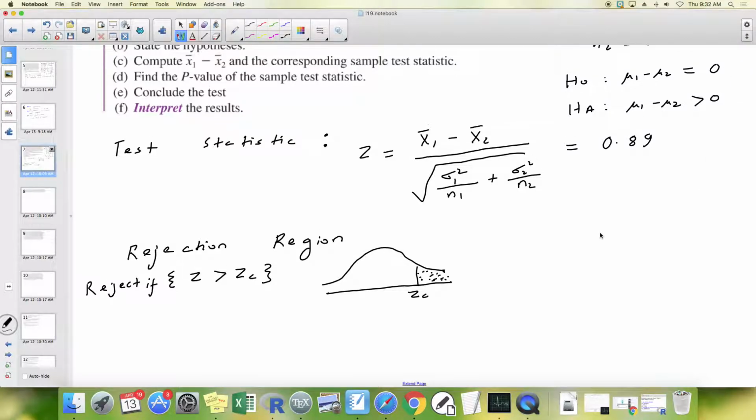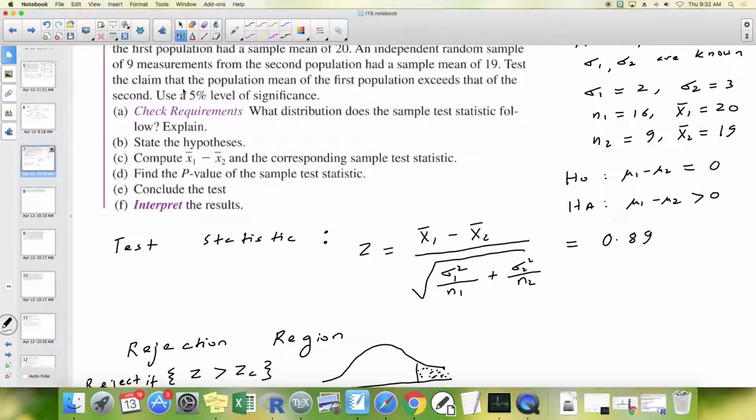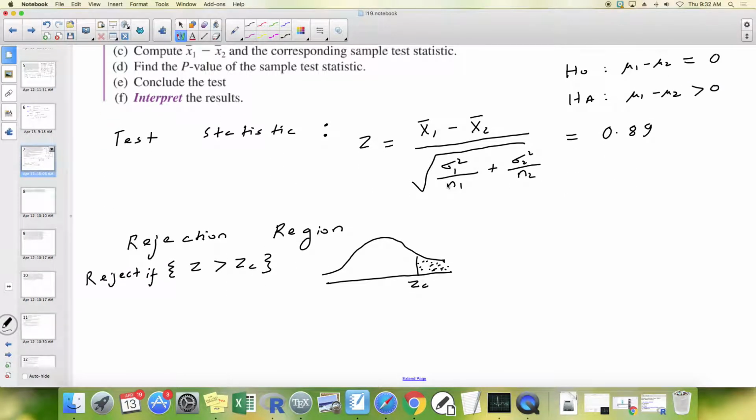How big should the right tail be? It should be alpha big. Like how fat? Alpha fat. So the right tail is 5% fat. That means the area to the left is 0.95. Area to the left of ZC is 0.95.